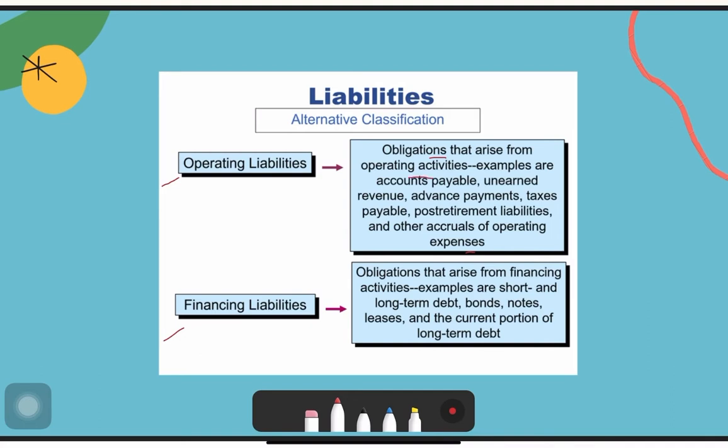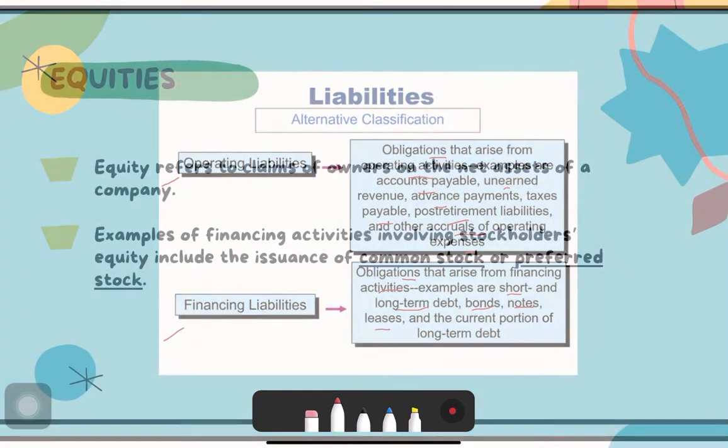Examples are accounts payable, unearned revenue, advance payment, taxes payable, post-retirement liabilities, and other accruals of operating expenses. Financing liabilities are obligations that arise from financing activities, such as issuing short and long-term debt, bonds, notes payable, leases, and the current portion of the long-term debt.